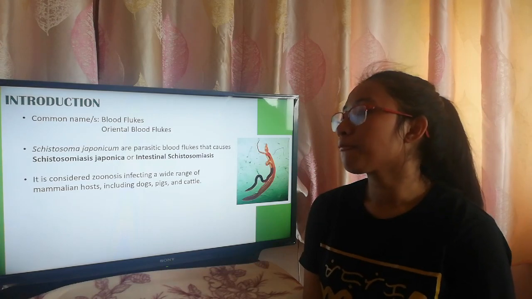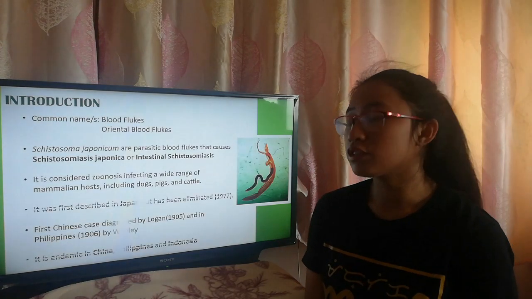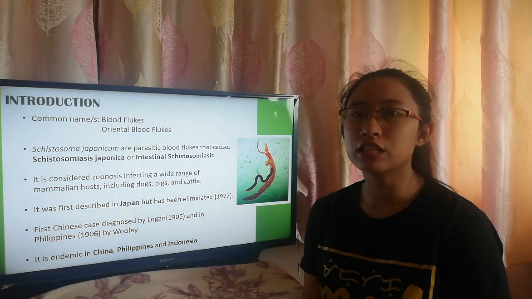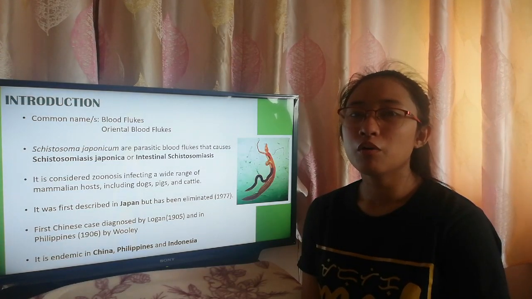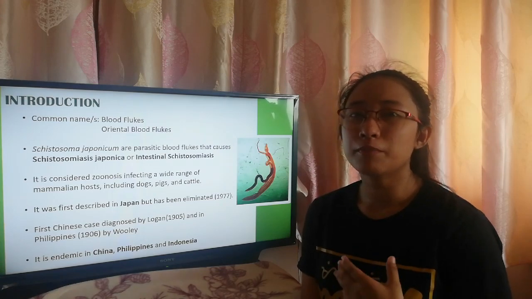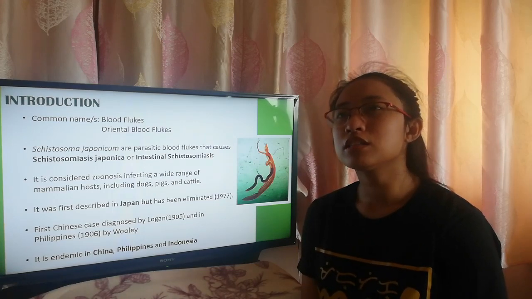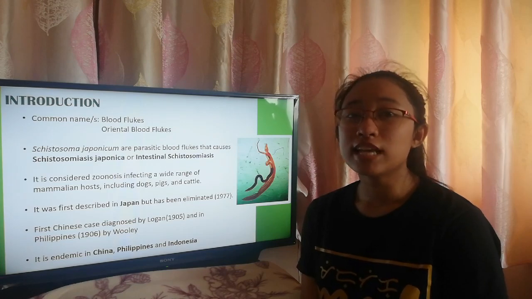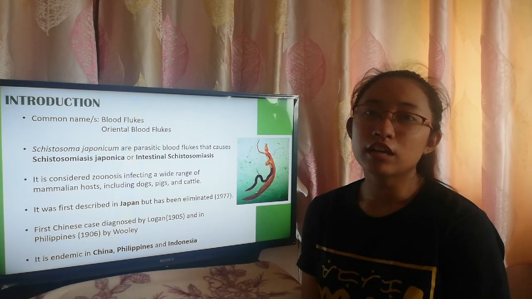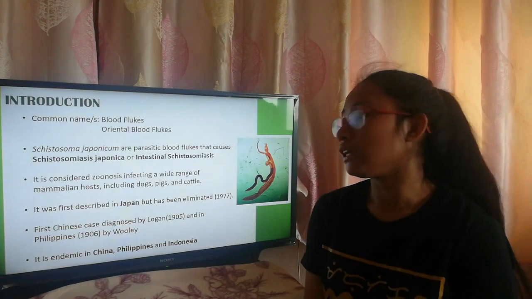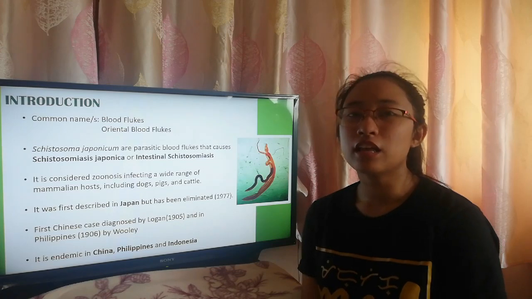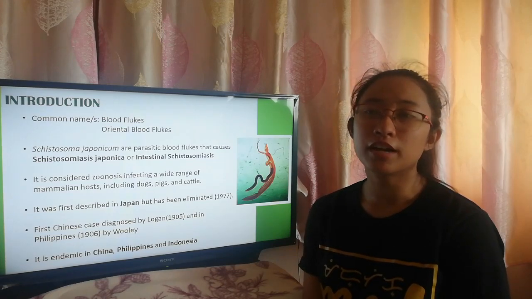For the brief history of the parasite, it was first described in Japan. It was Fujiro Katsurada who first described it, wherein he fed schistosoma eggs to cats, and after months, he vivisected the cat and was able to obtain the adult stage, and it was described in 1904. But even centuries before, there have been evidences that the parasite was already present.